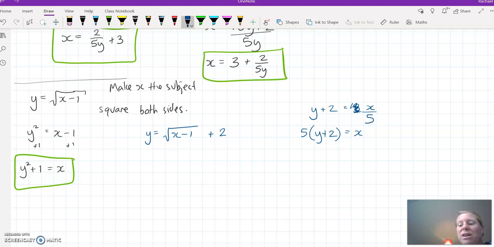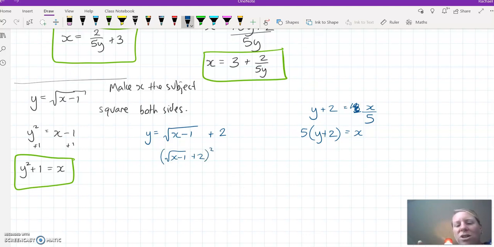Same deal with the squaring or square rooting. If we try and square that right-hand side, we've got to notice that we're actually squaring that whole expression, the square root of x minus 1 plus 2. That whole thing would be squared.